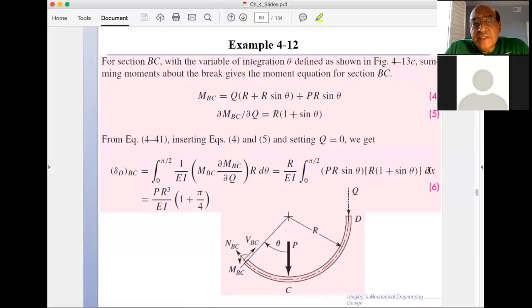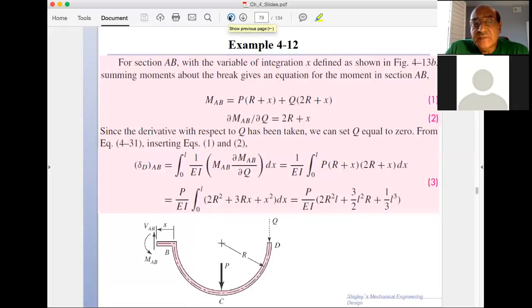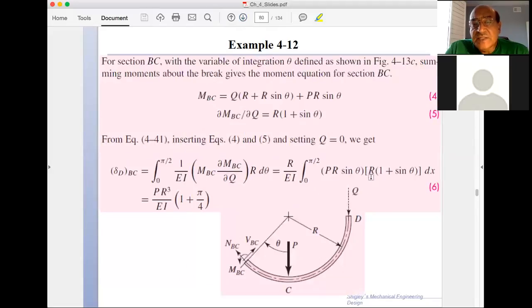So when we do the integration, in these kinds of problems, usually we end up with a sine squared or cosine squared because of the product. Like if you go back to the straight section, because of the product, you end up with a quadratic somehow. And for the curved sections, you would end up with either sine squared or cosine squared. So we would need to know the integration from 0 to some limit, like pi over 2 in this case, of a sine squared function.